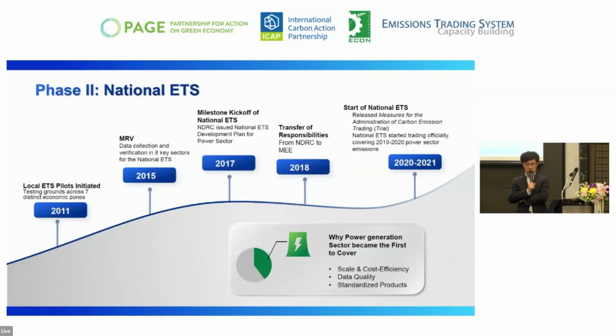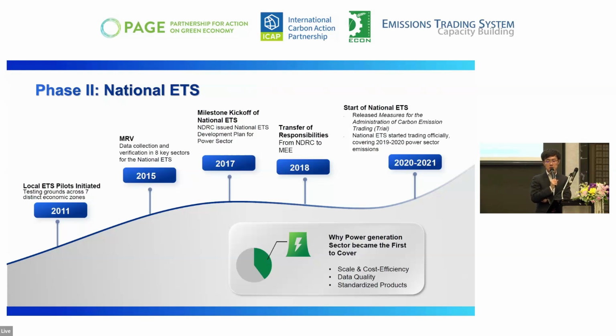This movement actually meets China's needs for developing the ETS, because the NDRC was doing a lot of planning and budgeting from a macroeconomic development perspective, the planning strategy for China, including the 5-year plans.